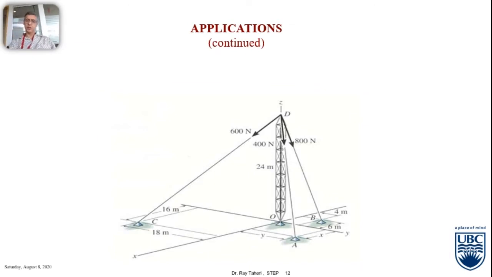Another example is you have this tower, and this tower is anchored by these three cables. The location has been specified. So we know what these points C or A or B are, and by knowing the location, we know this vector.